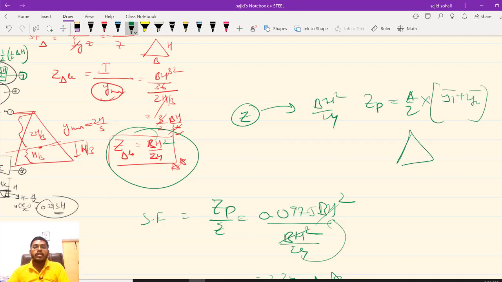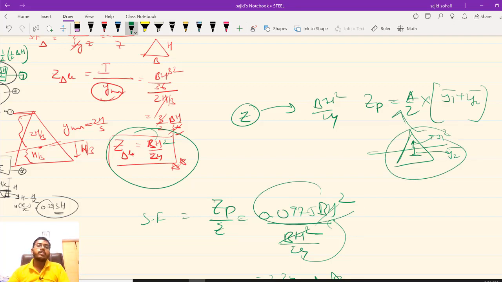So I found the neutral axis cutting the area into exactly two equal parts. I just had to find y1 bar and then y2 bar. Once I found them, I got my ZP value as 0.0975 BH square. So my shape factor is nothing but ZP divided by Z. Do it, how much do you get? You get exactly 2.34. So this is how it is done and I hope you will be able to solve similar problems.